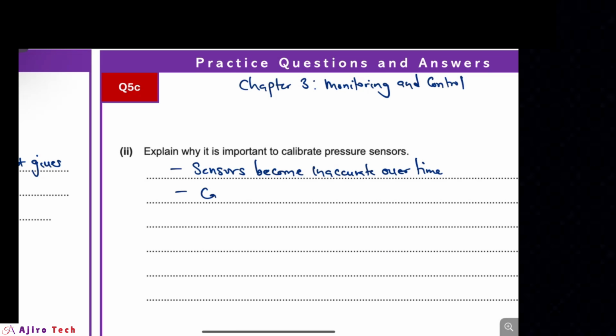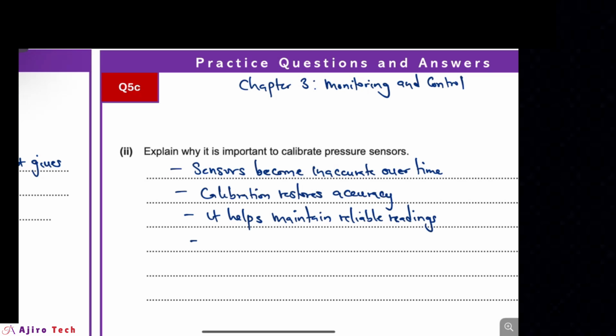Why is it important to calibrate a pressure sensor? Calibration restores accuracy. It helps maintain reliable readings. Reliable what? Readings.